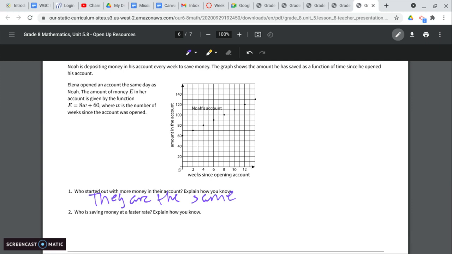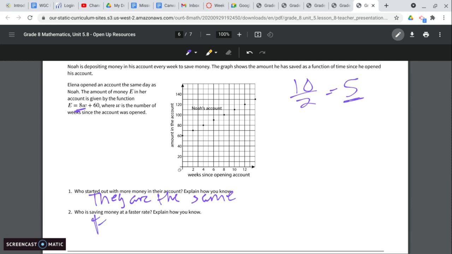Now for 2, who is saving money at a faster rate? How do you know? So like I said, Noah is going up every 2 weeks, he's going up $10. So if we plug in a 2 into Elena's, 2 times 8 would be 16, plus 60 would be 76. So she's going to have more money because, like I said, 10 divided by 2 is 5. So that's his rate. 5 is what he's going up each week, whereas Elena has a slope of 8.